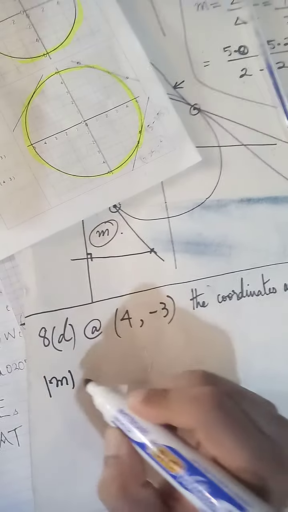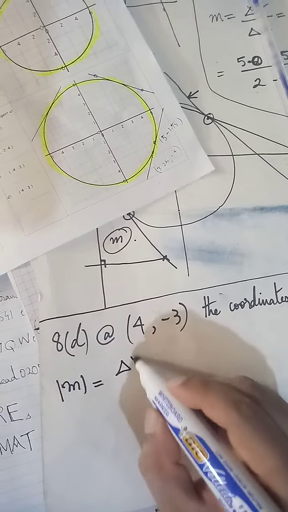So this is how we'll calculate the gradient. The gradient would be the modulus, and these two lines stand for modulus.